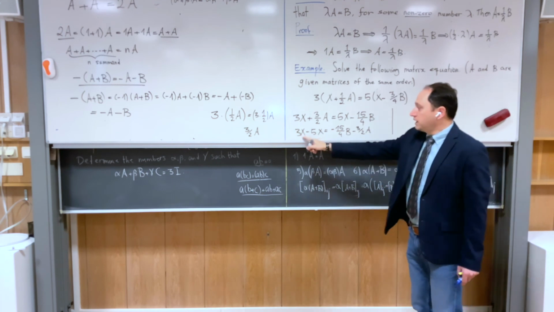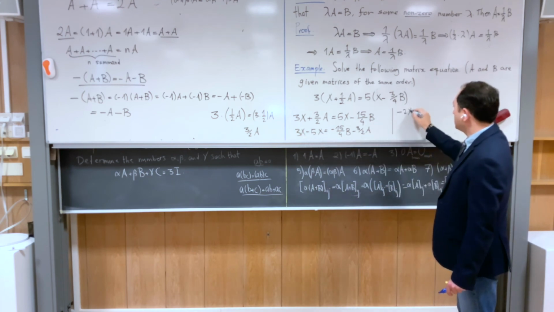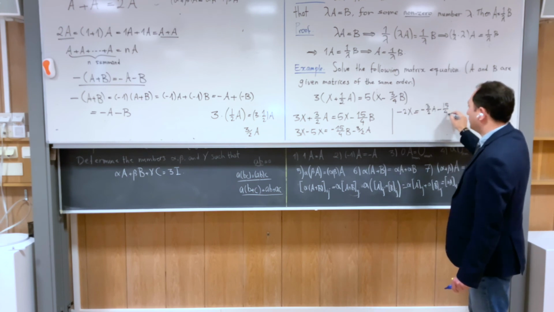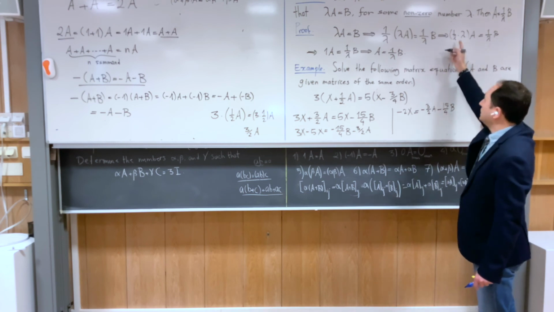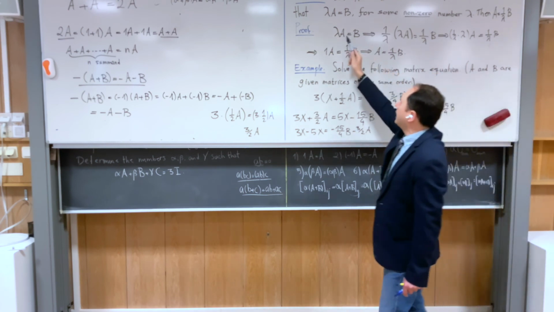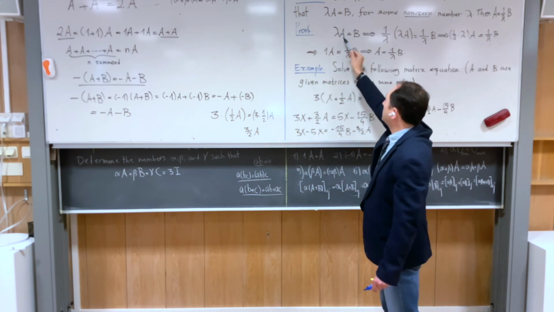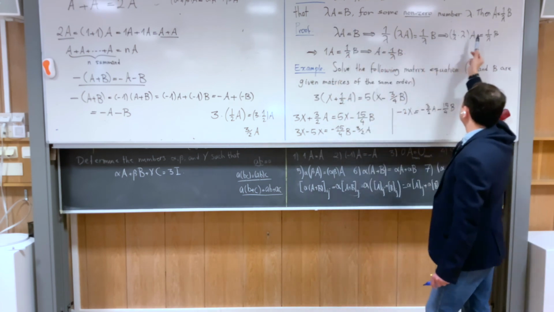So this becomes 3X minus 5X is minus 2X. And on the right-hand side, I will have, let me write A first. It doesn't matter, of course. And then minus 15 over 4 B. But now, according to this theorem, if I have lambda of a matrix times a matrix equal to another matrix, I can write A is equal to 1 over lambda that matrix.